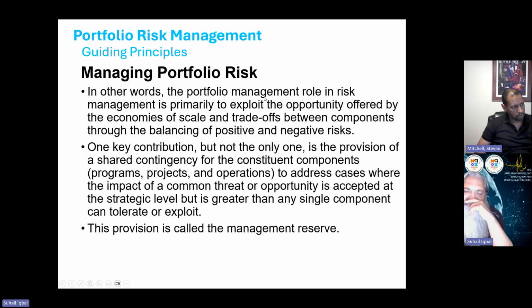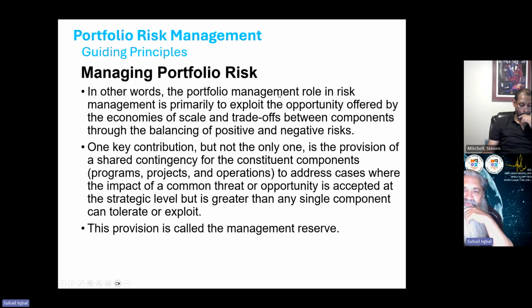In other words, the portfolio management role in risk management is primarily to exploit the opportunity offered by the economies of scale and trade-offs between components through the balancing of positive and negative risk. I think this is a very understandable sentence. There is nothing really very complicated in it.